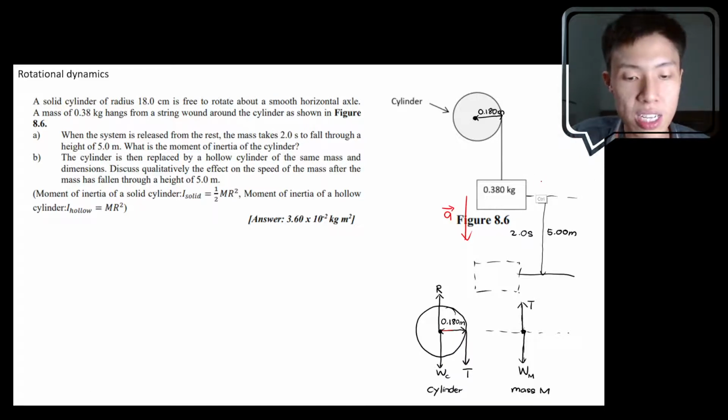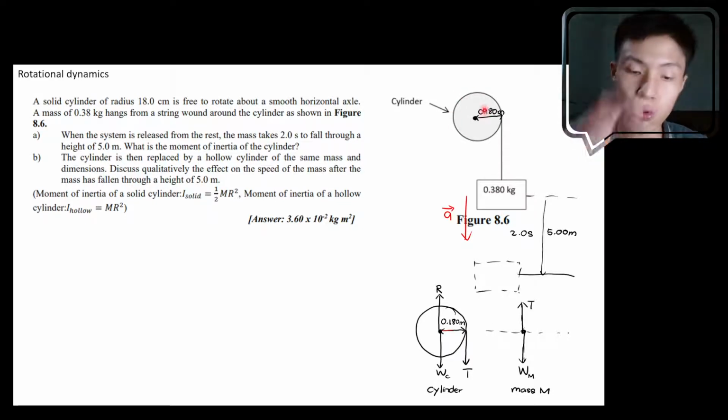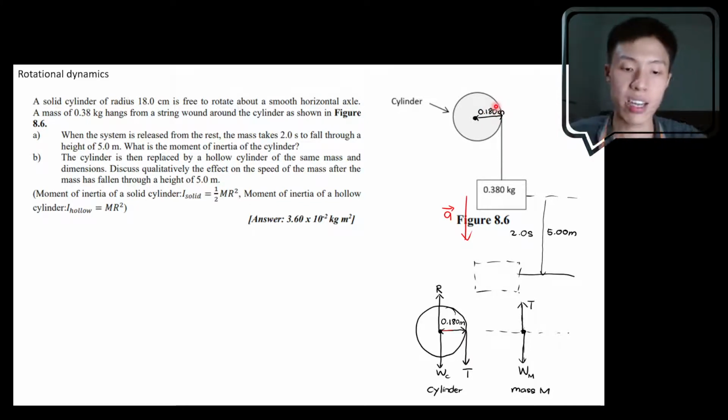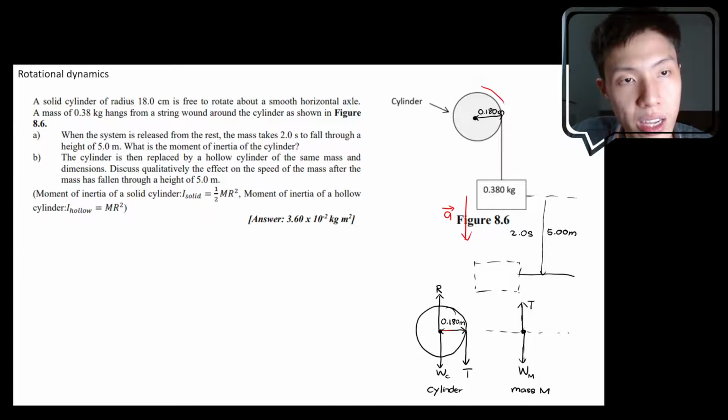Because this acceleration is pulling on the string, you should expect that this cylinder will start to rotate as well. It will rotate clockwise because you're pulling in this direction, so you should expect an angular acceleration in this direction as well.